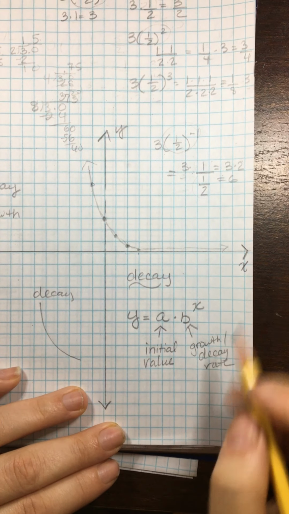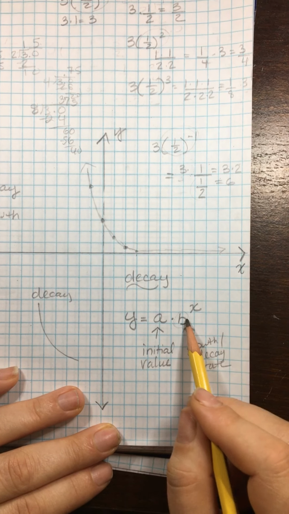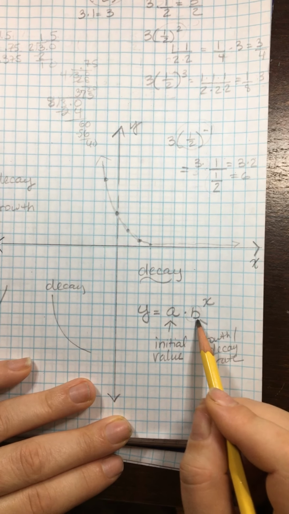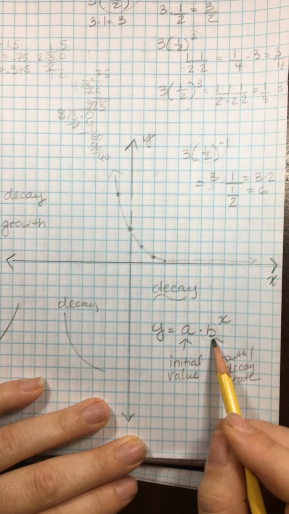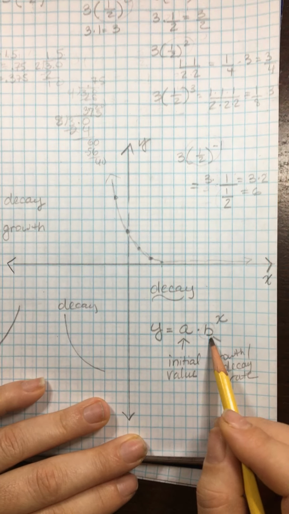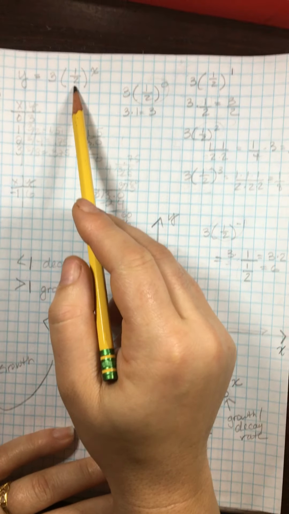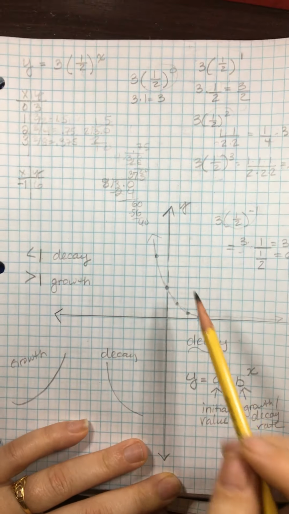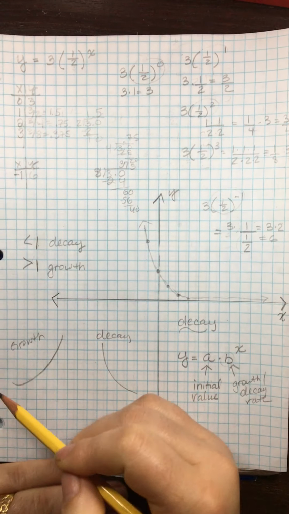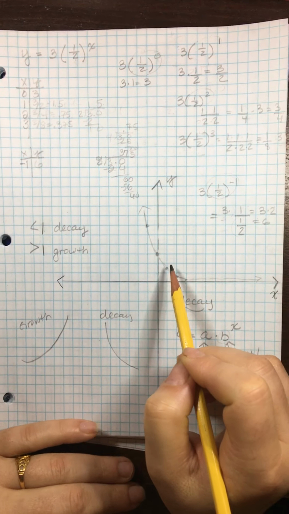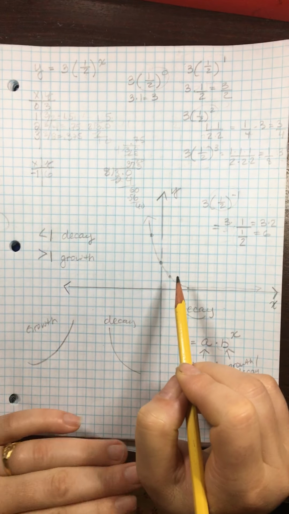So again, if your b value right here is less than 1, but it's greater than 0, then it's going to represent a decay. So it's meaning everything's quickly decaying instead of growing. Okay, so I think that will help you, and we'll look at some more examples later, but I think this is enough for us to understand for today.